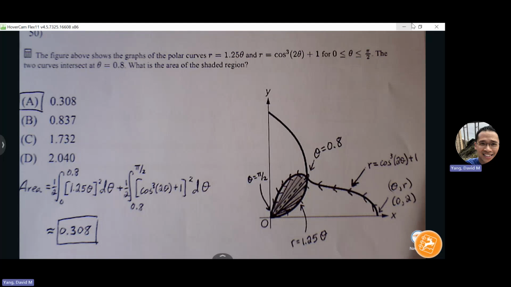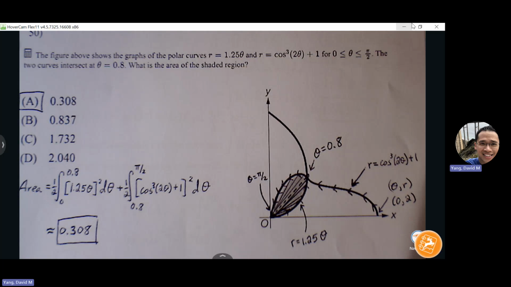The strange thing about number 50 is that these two graphs are starting at different places. So we have r equals 1.25 theta, and it moves in the direction that you expect.